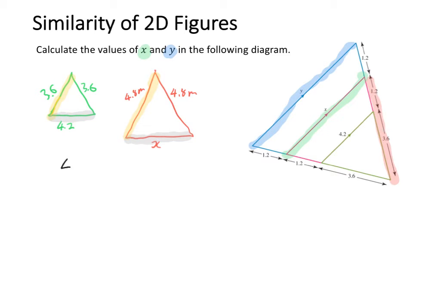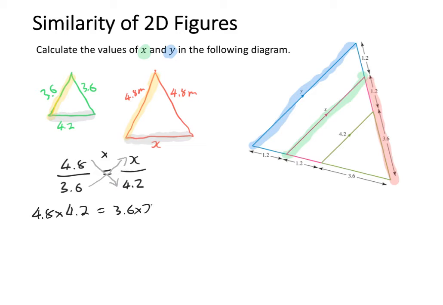So 4.8 and the corresponding side is 3.6, so 4.8 over 3.6 is equal to x over 4.2. Now that I have those ratios written as fractions, I can use cross multiplication to calculate an answer. So cross multiplying, I know that 4.8 times 4.2 is equal to 3.6 times x.